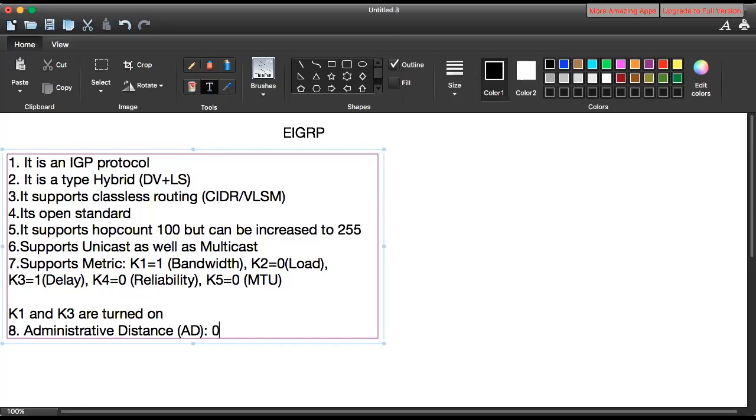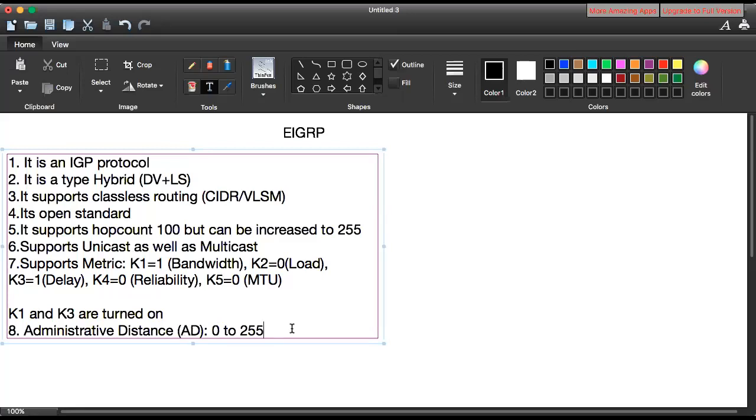It's something between 0 to 255, where the least AD has more trust. What about the metric? Metric is the criteria to select the best path. Out of the many metrics, some would be used by some of the protocols.